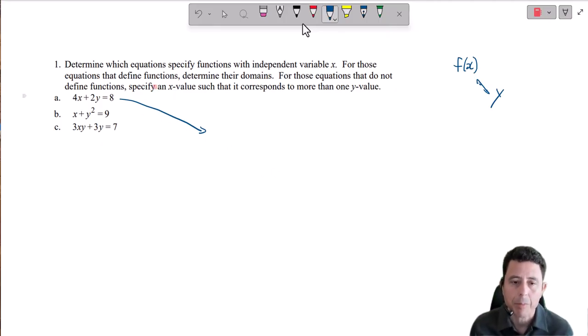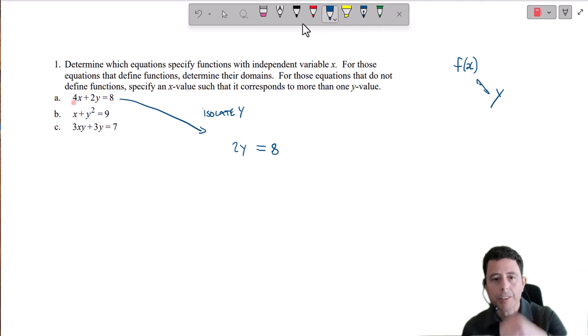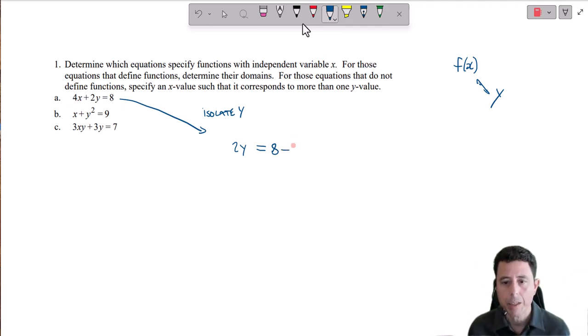So the first step is to isolate y. Okay. So let's do that. If I look at this equation, I'm going to move the 4x to the other side of the equation, so it will become negative 4x.